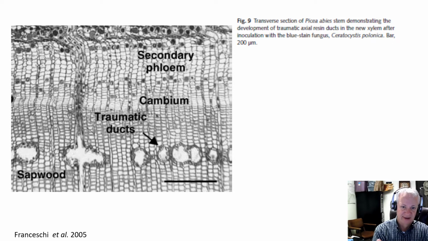So this is a medium-term response that allows the production of additional resin that's induced from pest or pathogen attack. That's an important induced response in especially conifers.